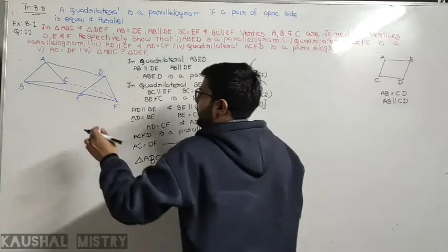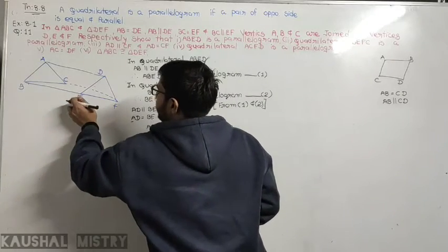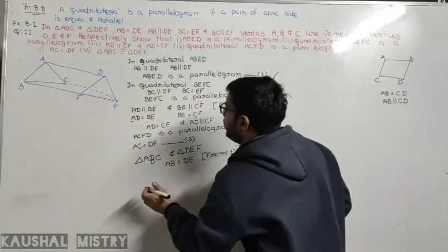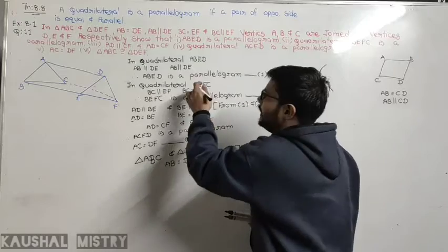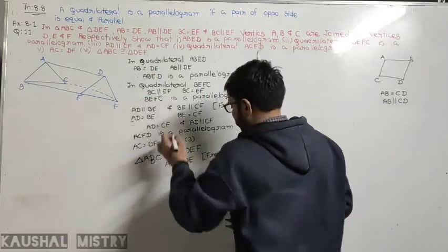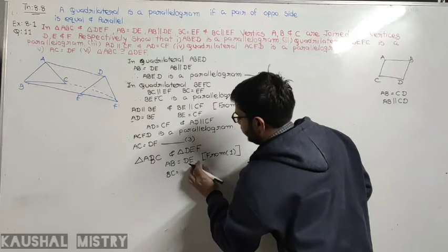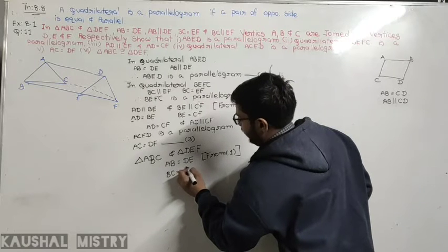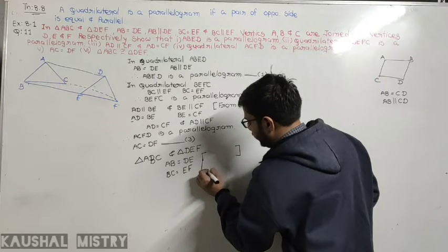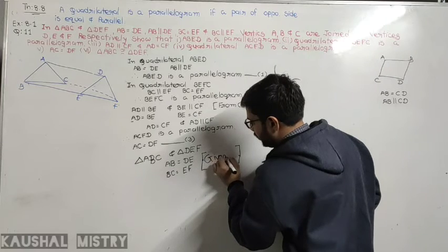Second one, we can definitely write BC is equal to EF because BEFC is a parallelogram. That means BC is equal to EF, and that is also given, right? Here these two are equal. We can definitely write it is given in the data, right?